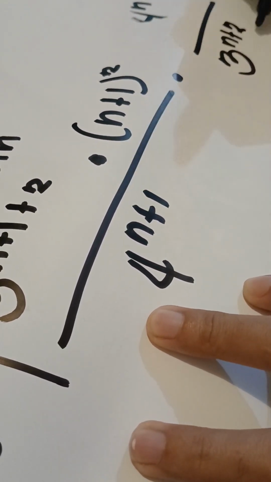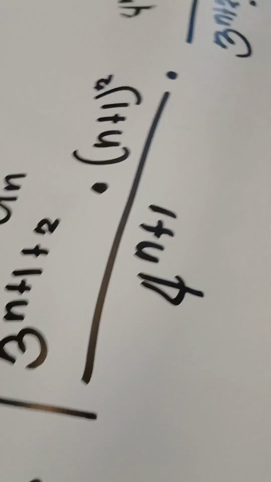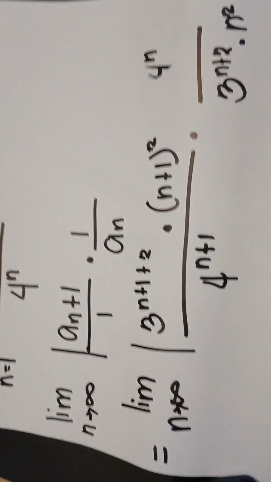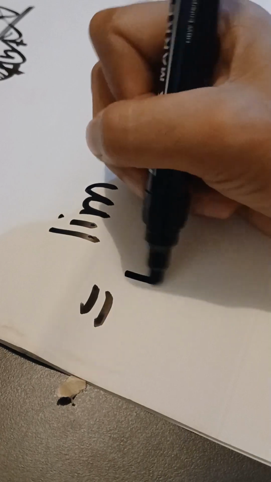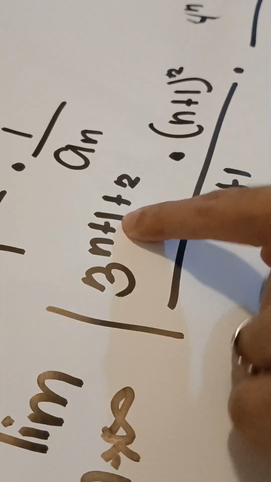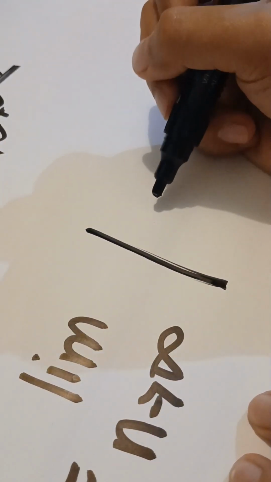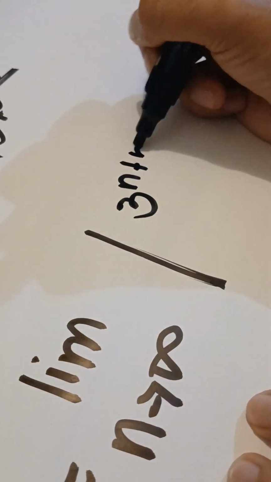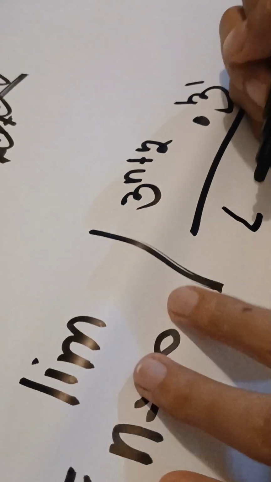Now, let's simplify. Limit as n approaches infinity. Notice that we have here a 3 raised to n plus 1 plus 2 and 3 raised to n plus 2. So, I'm going to separate the 1 from n plus 2. I'm going to rewrite it as 3 raised to n plus 2 times 3 raised to 1, because n plus 2 plus 1 is the same as the other expression. Now, 4 raised to n times 4 raised to 1.